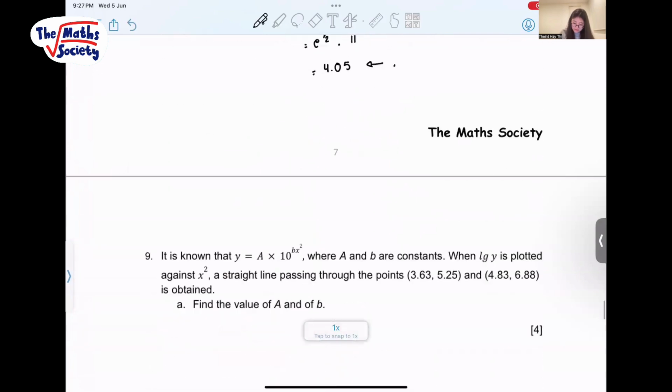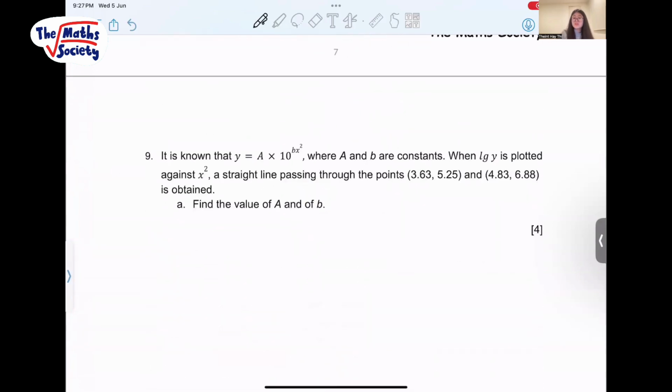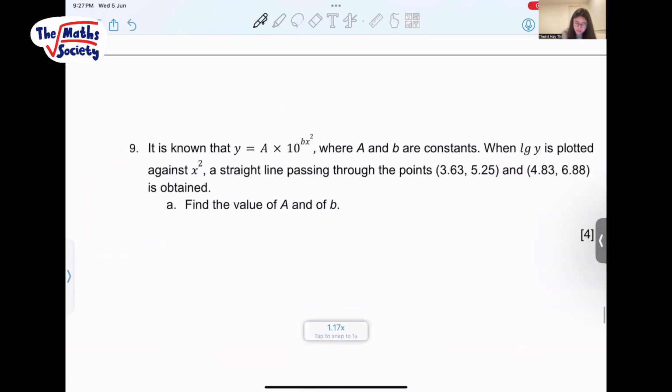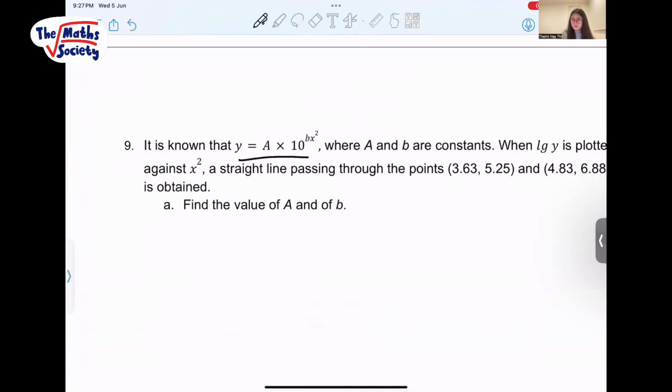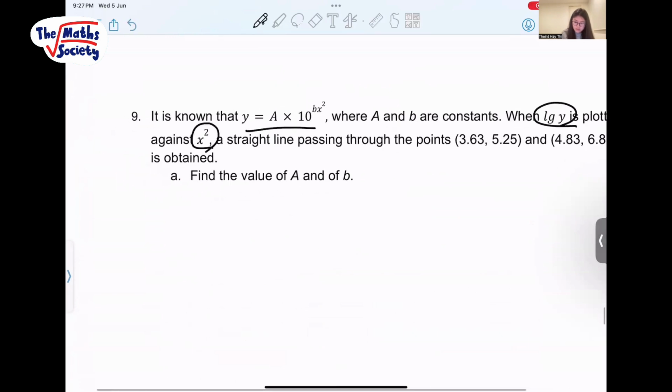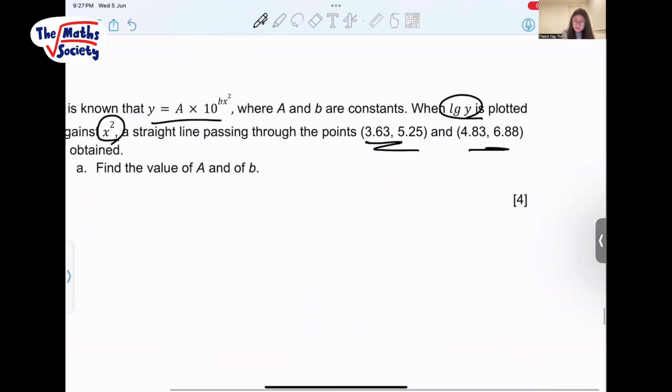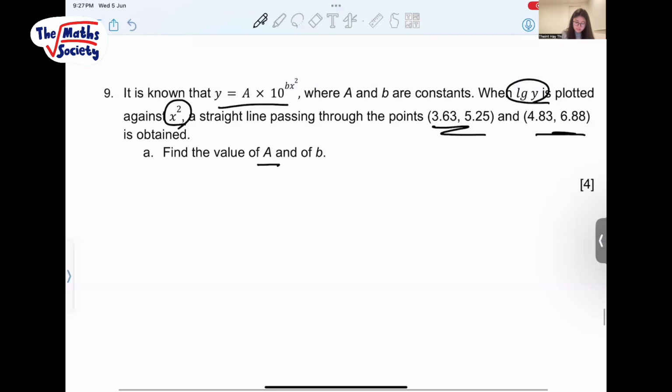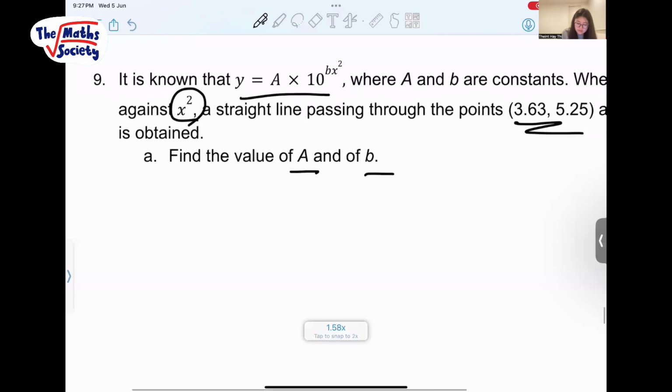Okay. And then we have our last question for today, question 9. So it is known that y equals a multiplied by 10 power bx squared. And same thing, lg y against x squared is a straight line, you have 2 points, and you have to find a and b. So firstly, let's write down this equation.